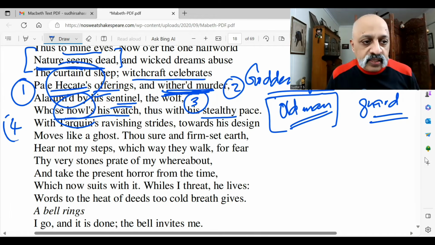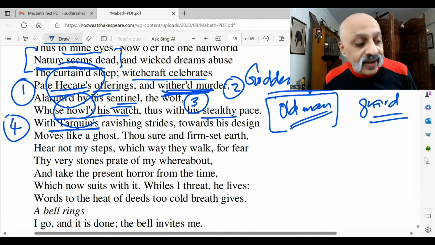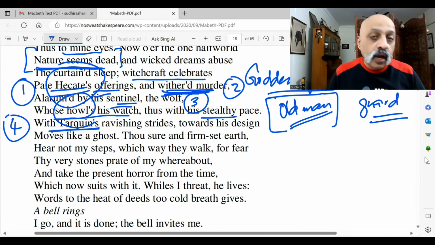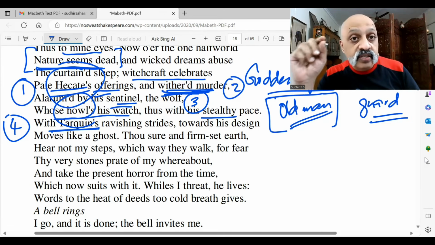The fourth one is Tarquin, okay, who is an extremely negative character. He was a Roman king. In fact, I think he was the last Roman king who raped and murdered his cousin's wife Lucrece in the 6th century BC.